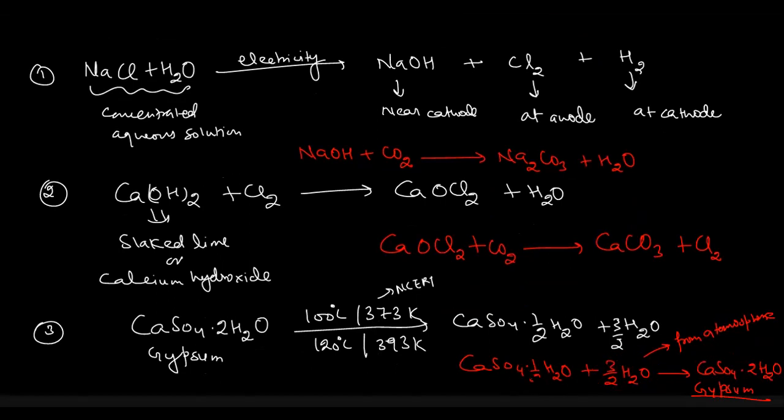This is the plaster of Paris. When we keep this in open air, it will react with atmospheric water, it will accept 3/2 molecules from the water and give you gypsum again. We made this from gypsum by heating at 100 degrees, and if you leave it, the reaction reverses.